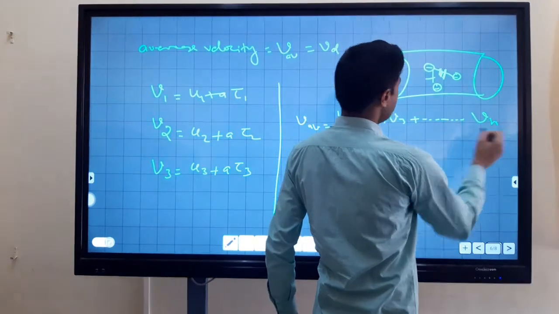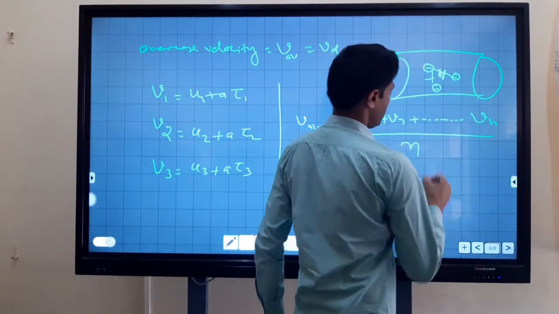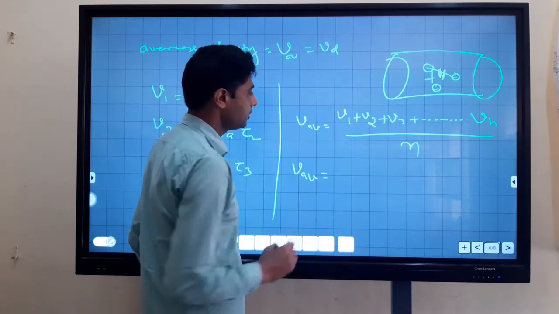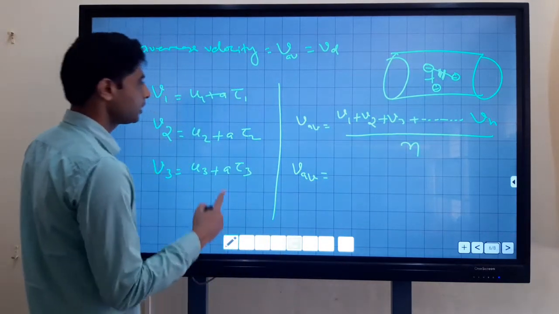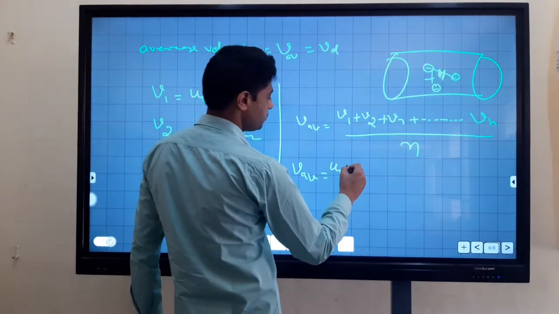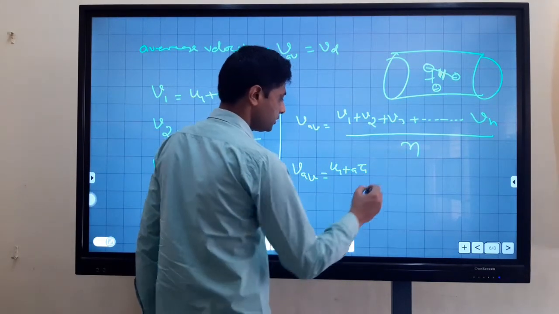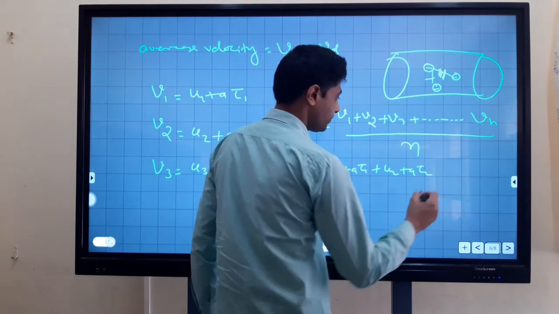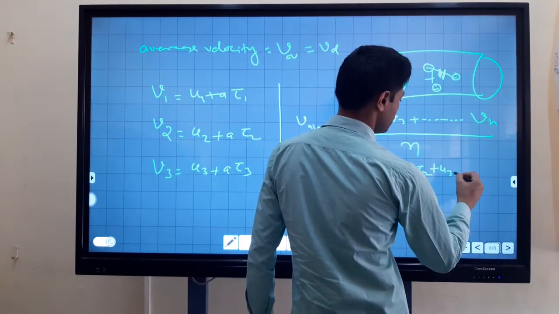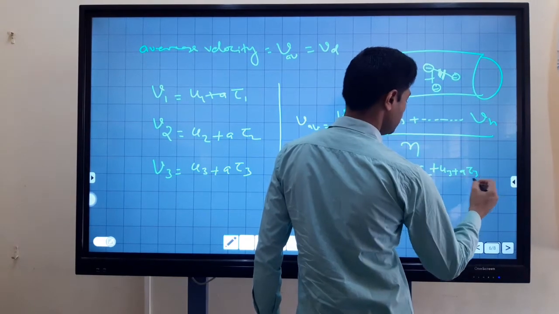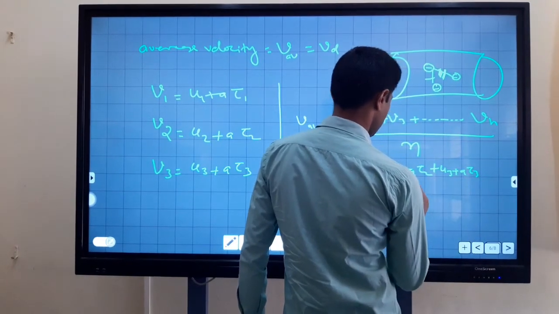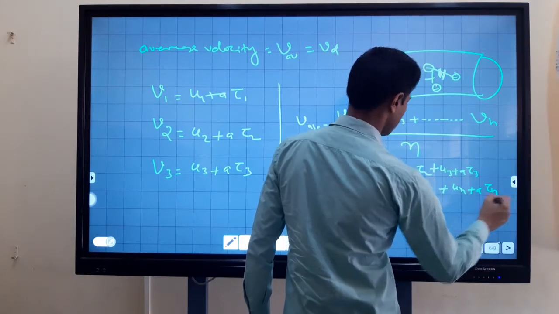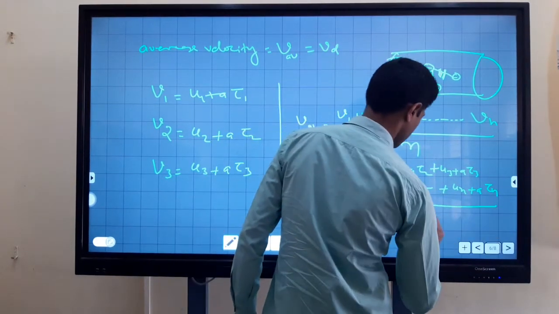So V average equals (U1 plus a tau1, plus U2 plus a tau2, plus U3 plus a tau3, plus Un plus a tau n) upon n.